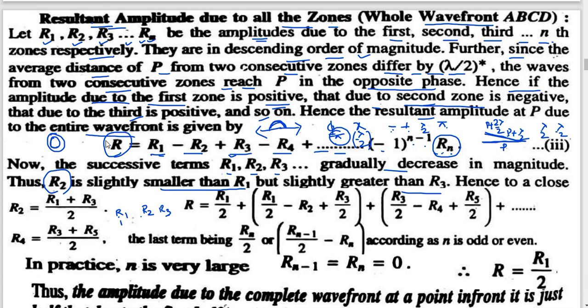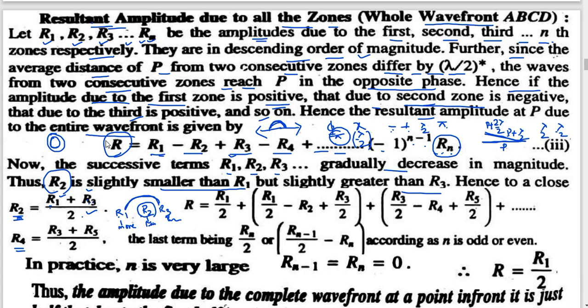So R1 is a little bit more, R2 a little bit less, and R3 is very less. So R2 will be in between R3 and R1. That's why you can write R2 equal to (R1 plus R3) by 2, because R2 is more than R3 but less than R1.